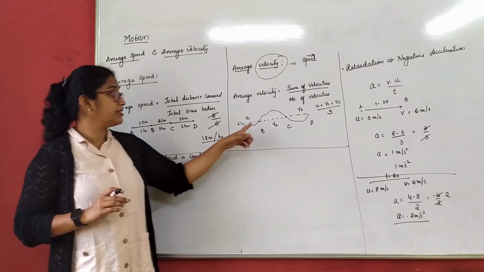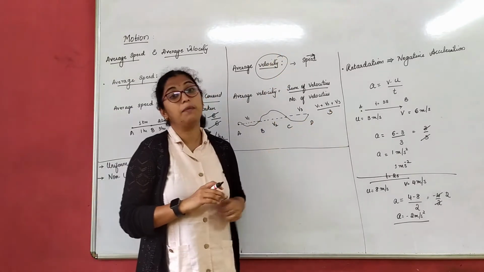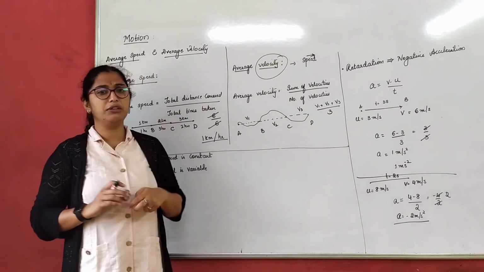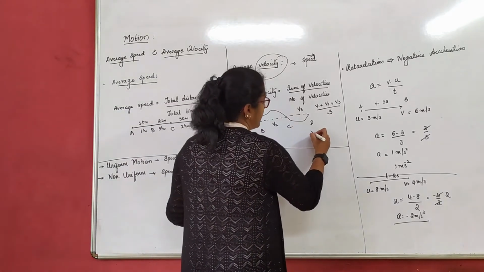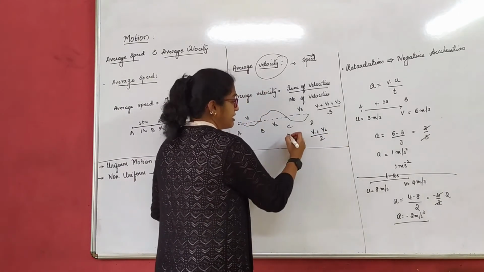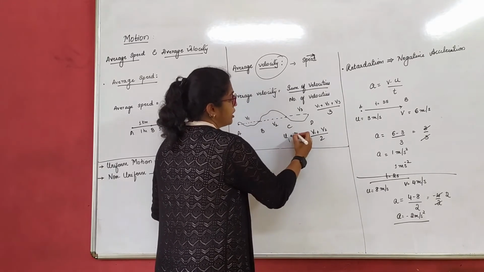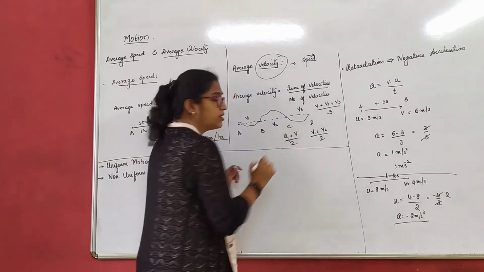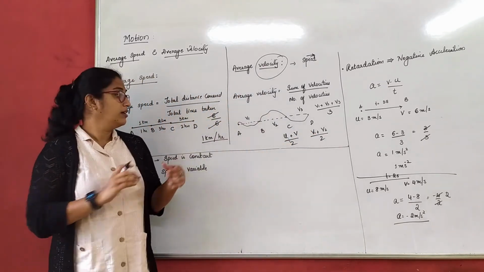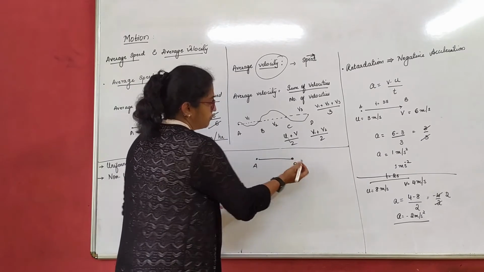Do remember this. If I had traveled 4 different places, it would be upon 4. If I had traveled only 2 places, then that will be V1 plus V2 by 2. We can also say this as U plus V by 2. Why U plus V by 2? I started here, I only went to one position.